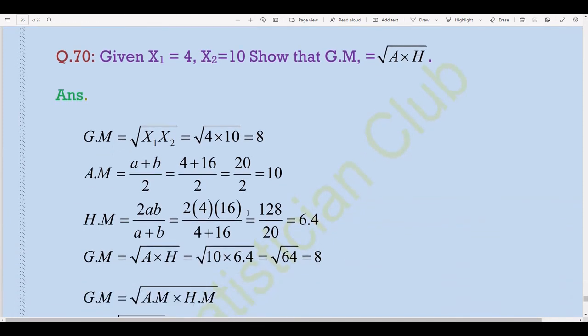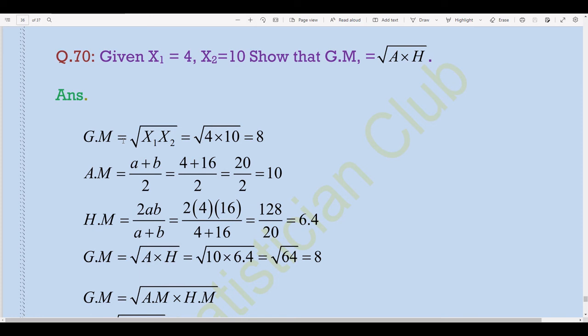Question number 70. x1 is equal to 4, x2 is equal to 16. Show that the geometric mean is equal to the square root of the arithmetic mean multiplied by the harmonic mean. So we show this, where x1 is 4 and x2 is 16. First we calculate the geometric mean.